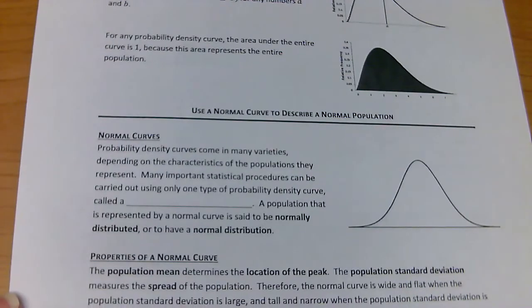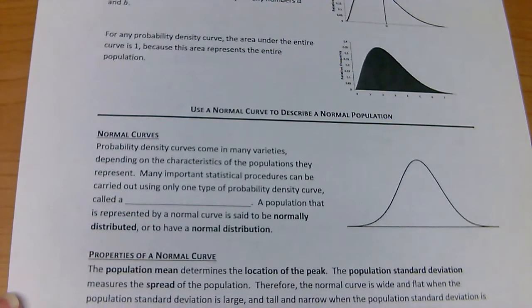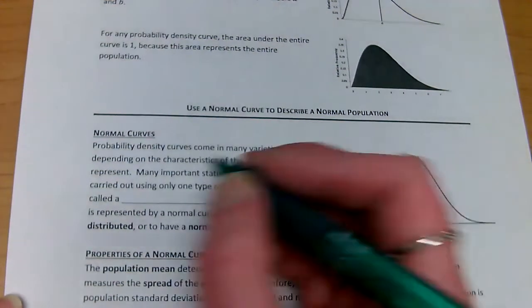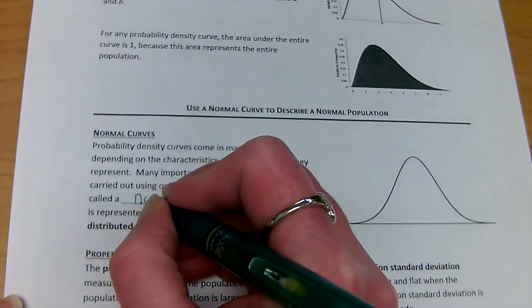Okay. So probability density curves come in many varieties depending on the characteristics of the population they represent. Many important statistical procedures can be carried out using only one type of probability density curve, called a normal curve.